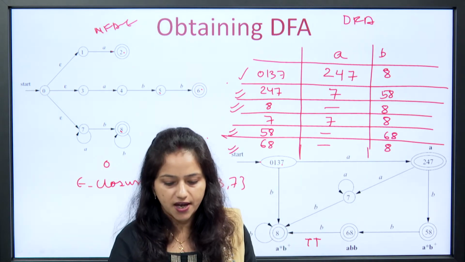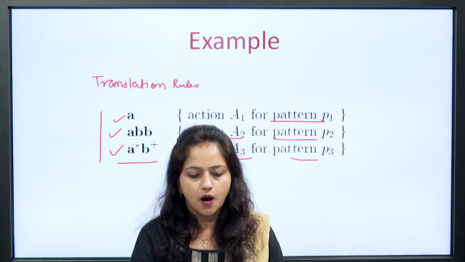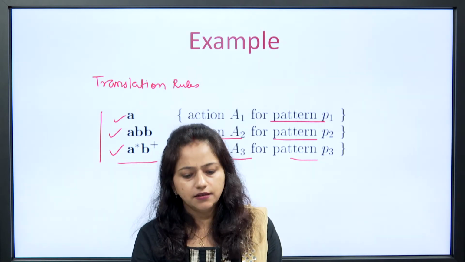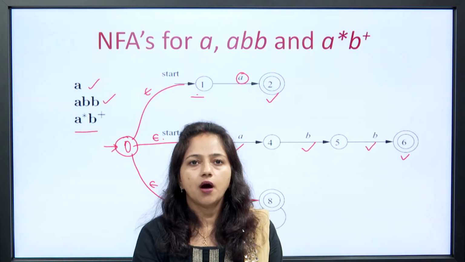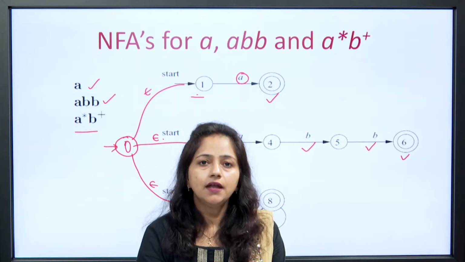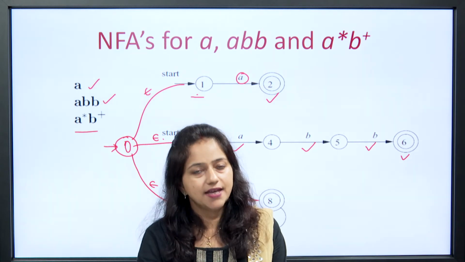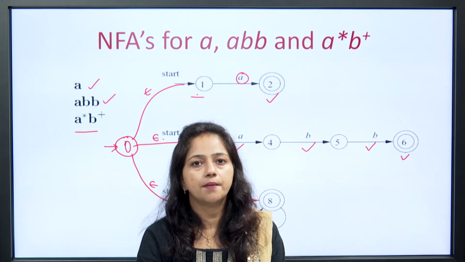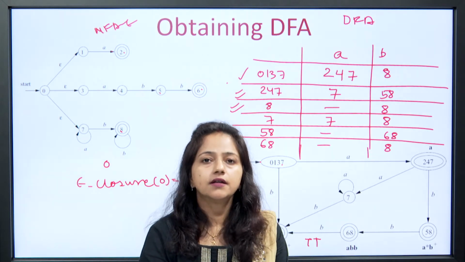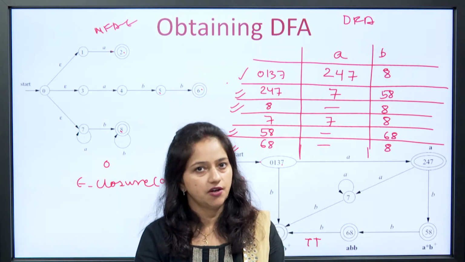So, up to here we have seen the process of writing the translation rule for every pattern that we have, then drawing a finite automaton for every pattern, then combining all NFAs to get a single NFA, and then converting the NFA with null moves into a DFA.